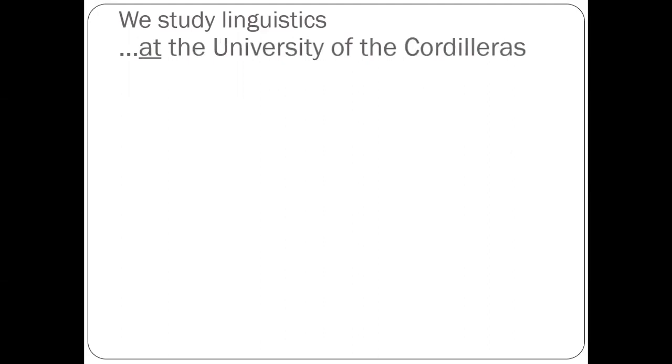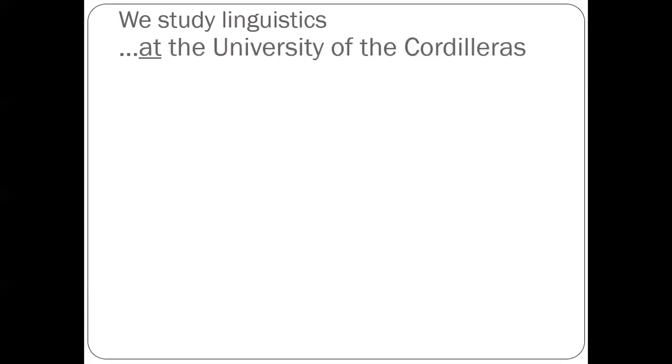At the University of the Cordilleras. So take note of the preposition at. That is what we call an adjunct. So adjuncts are elements which legally authorize the extension of the clause. There.